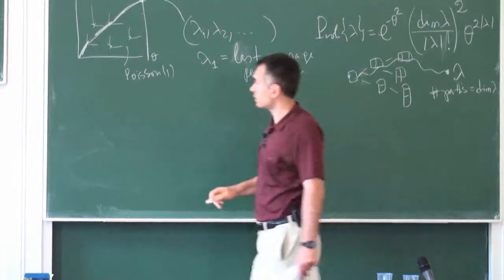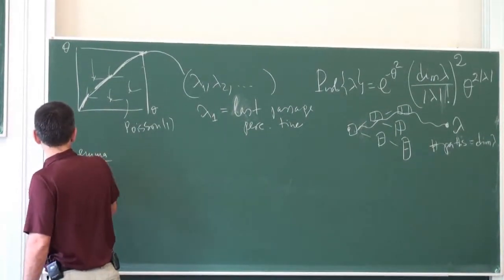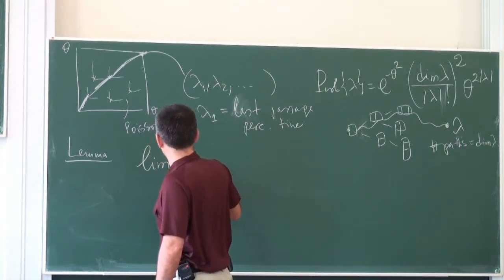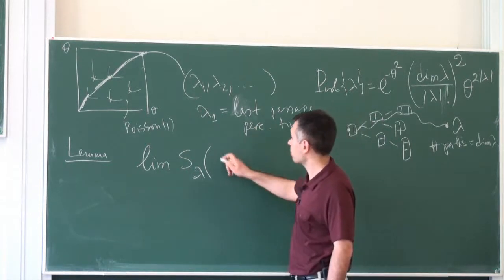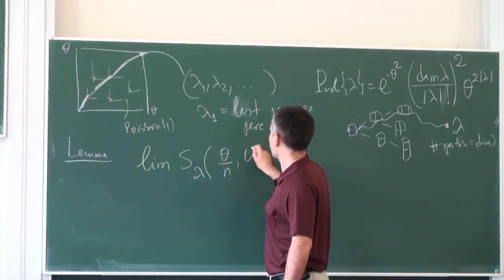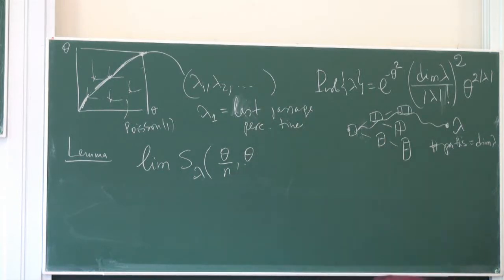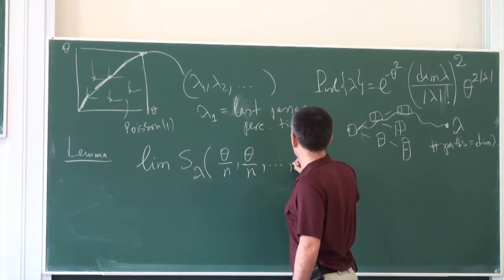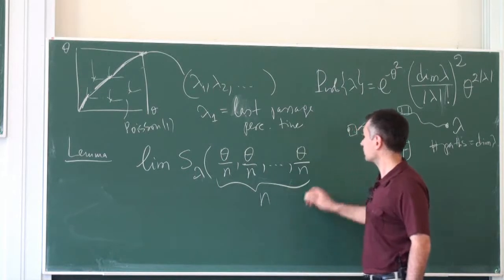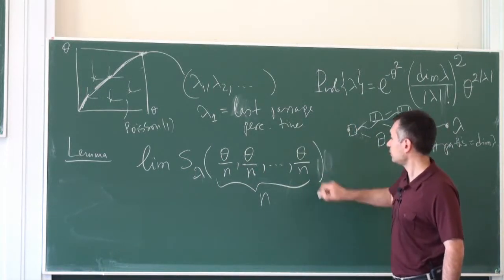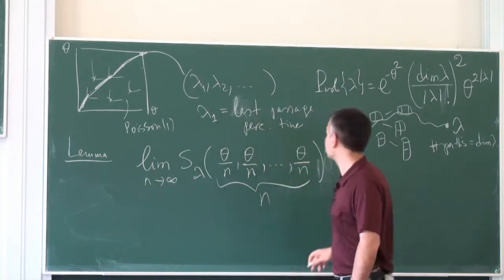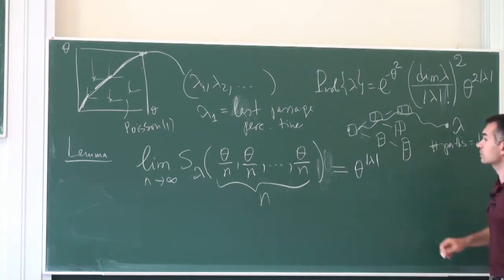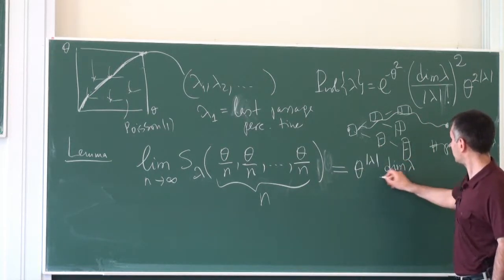Now here is a little lemma that matches this object to this object. And the lemma is that if I take the limit of a Schur function with many coordinates, each of them is small, but the total number of coordinates is large, and then n goes to infinity, then what I get is going to be theta raised to the number of boxes times the dimension lambda over the factorial.